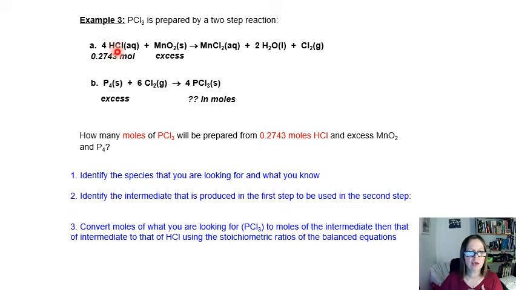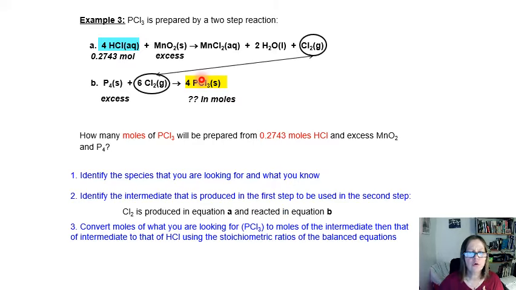So the first reaction gives us manganese chloride and chlorine. The second reaction uses chlorine to give PCl3. So here we see that HCl gives PCl3 through the intermediate chlorine. It's produced in the first equation and it's consumed in the second equation.